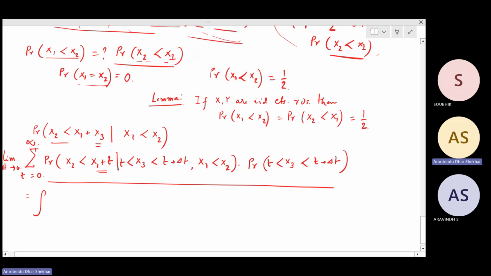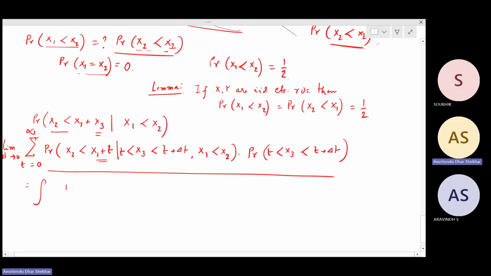So this is equal to the integral of the probability of x2 being smaller than x1 plus t, given that x1 less than x2 and x3 greater than t and less than t plus delta t.